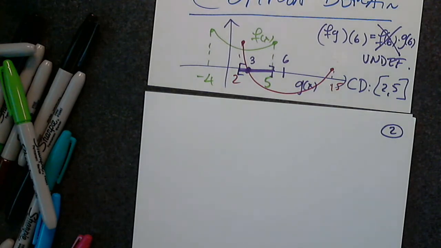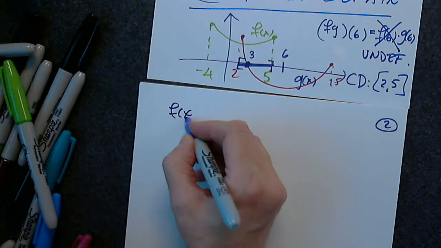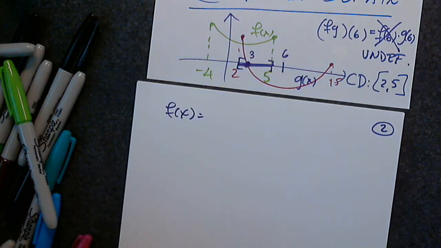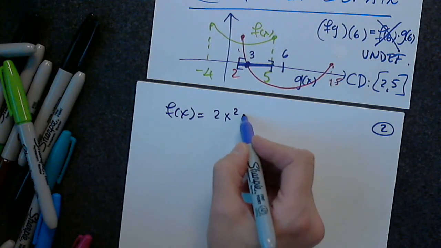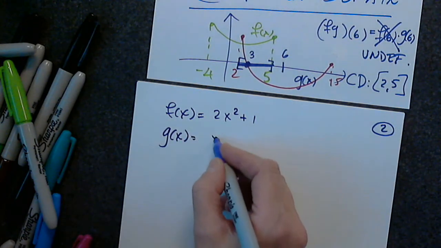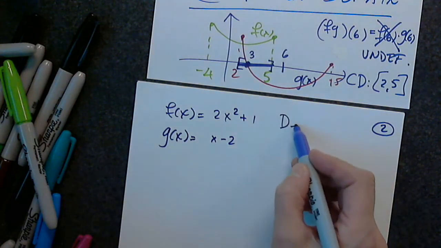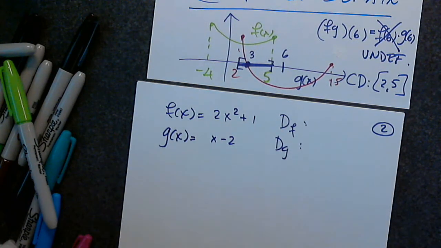Yep. Good. So here it is. Let's say f of x equals 2x squared plus 1, and g of x equals x minus 2. What is the domain of f? What is the domain of g?